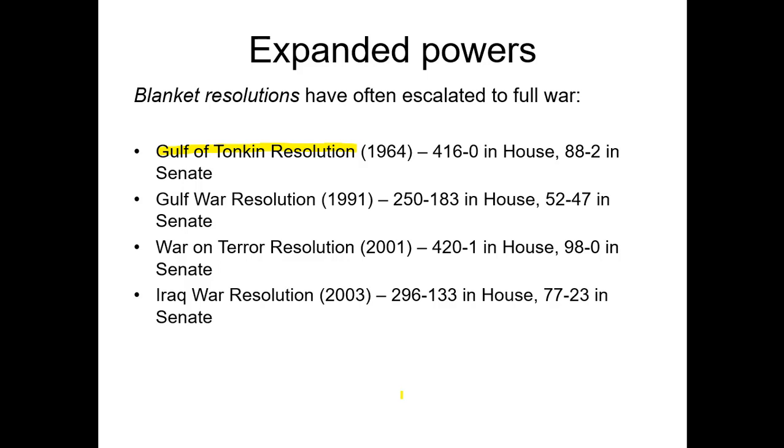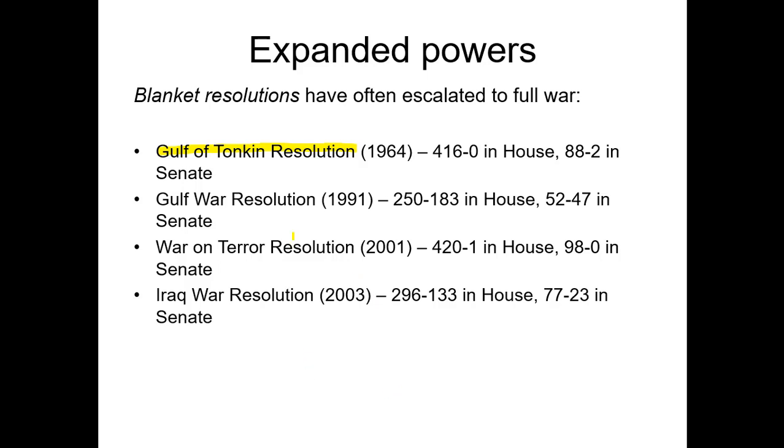Human beings in general like presidents who are a little bit more aggressive in taking care of problems. Plus, Johnson was running against Barry Goldwater, who was an extremely strong war hawk, who even suggested dropping an atomic bomb on Vietnam. So that's what Johnson was running against. So he said, give me this authorization to take care of this problem.